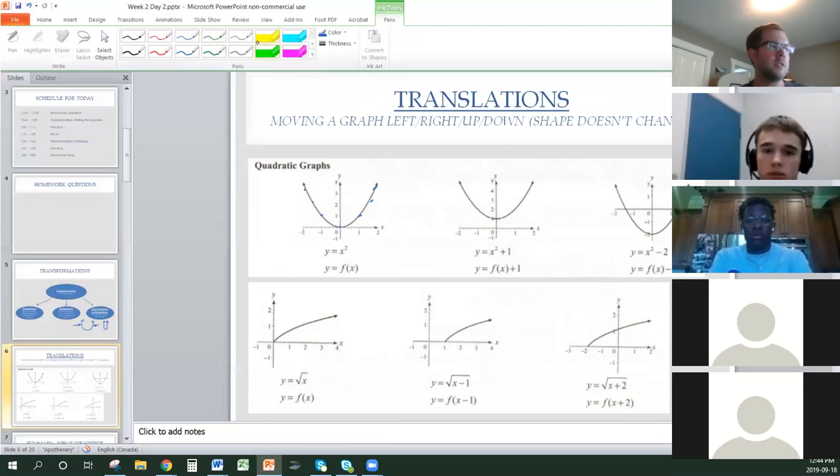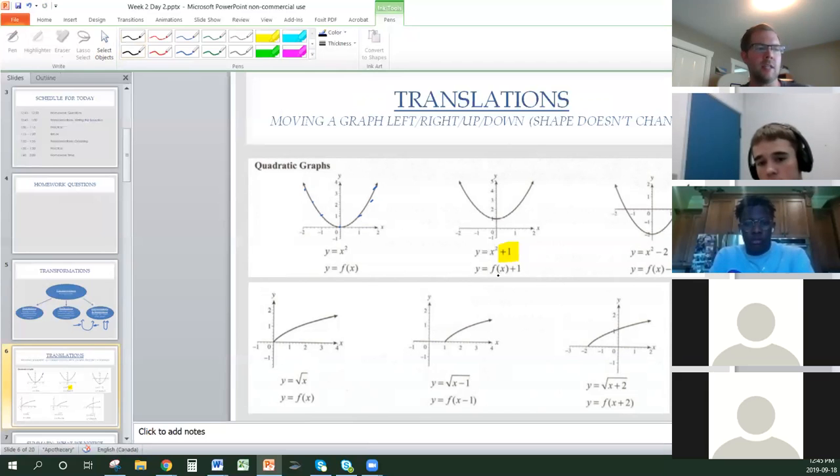What I really want you guys to recognize right here is what's going on in the function. In the function, there is a +1 beside the x squared. Take a mental note of that.